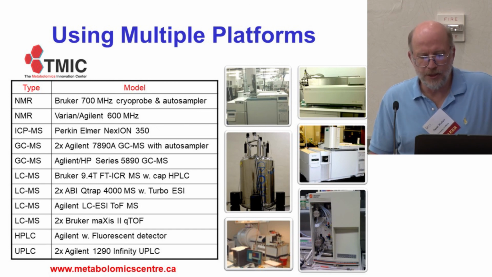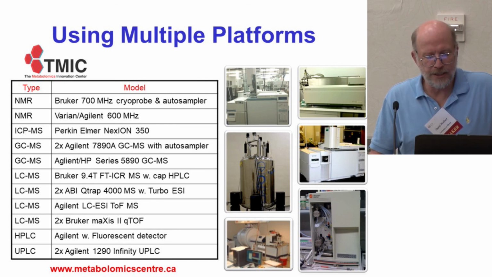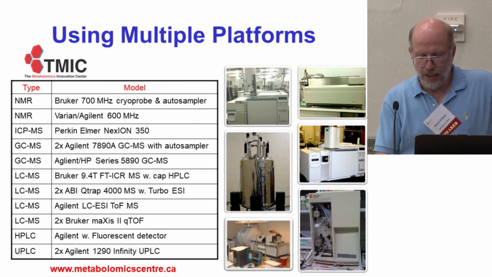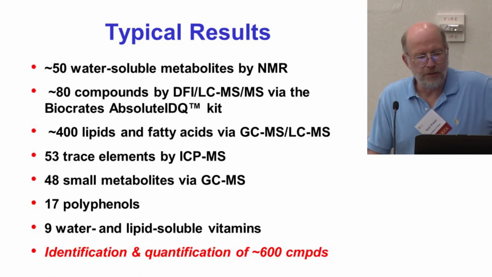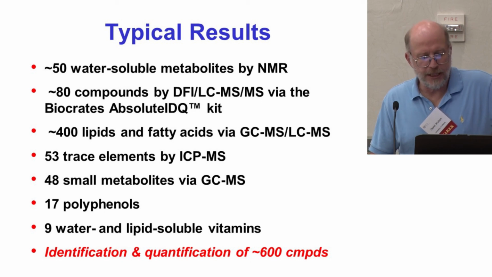As Jason mentioned, I'm the director of the Metabolomics Innovation Center, so we have quite a number of tools in our hands. So a large number of NMR instruments, a whole range of GCMS and LCMS instruments. And so we use this arsenal of tools to try and measure what we would find in these different food products. So in the case of NMR, we would average about 50 compounds, sometimes as high as 70.